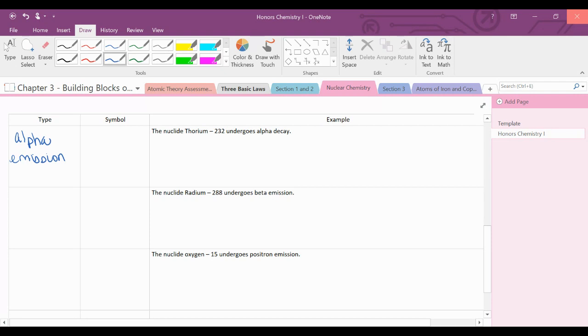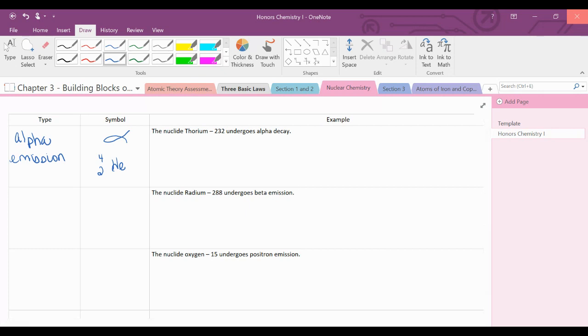And so there are a couple ways we can represent an alpha particle. One is to use this symbol, but an alpha particle is technically a helium nucleus. So the other way we can represent the symbol, which is the way I'm expecting you to represent the symbol, so we're writing nuclear symbols in this section.